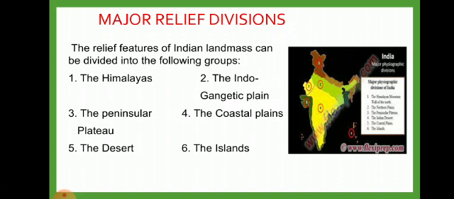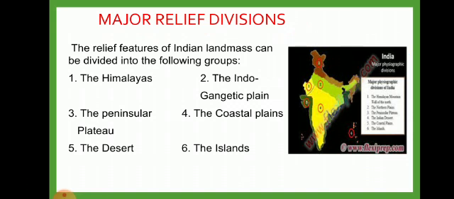To the extreme south, below the Indo-Gangetic Plain, is the Peninsula Plateau. On either side of the Peninsula Plateau lies the coastal plain. Towards the northwest lies the Great Indian Desert, the Thar Desert.